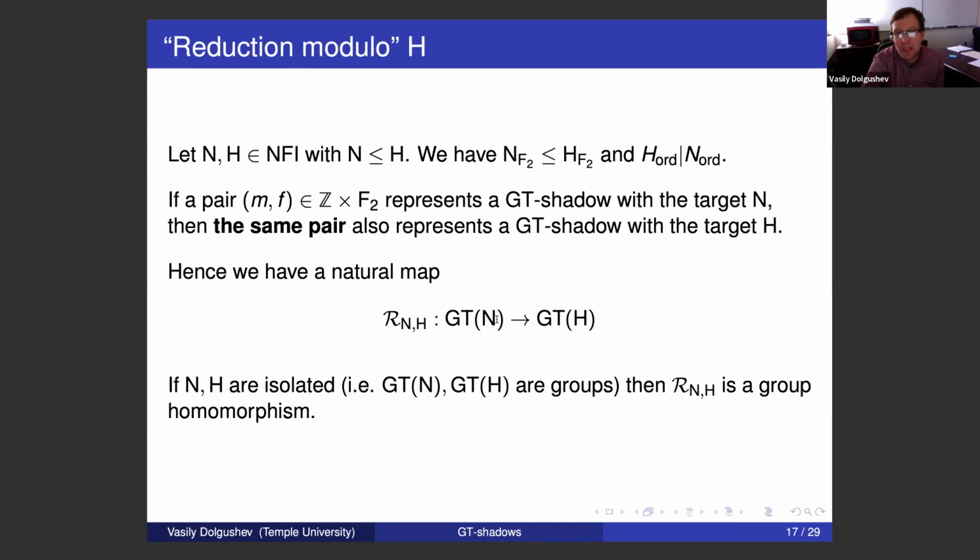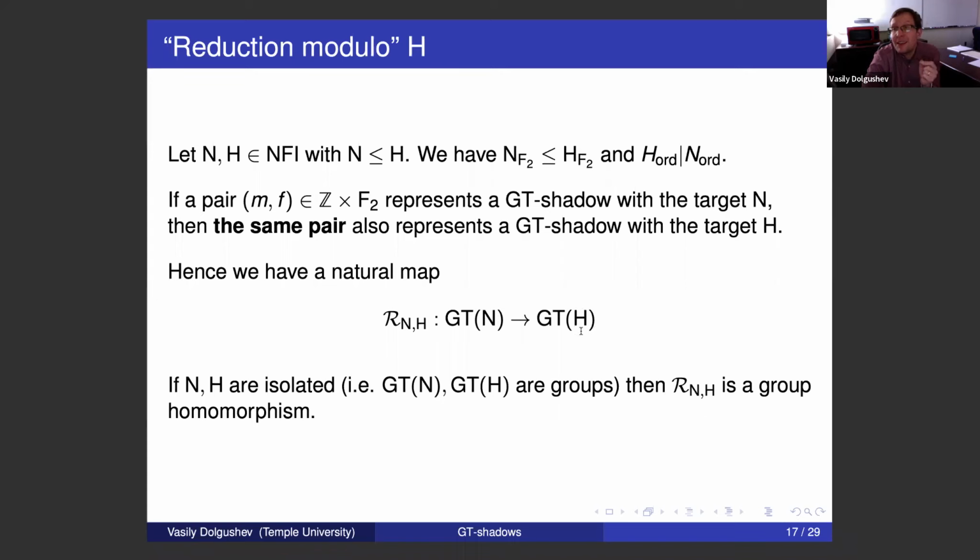So you see, the problem is that GTN is a set of morphisms whose target is n. So they may have different sources, same target but different sources. I mean, something can be formulated, but it can be tricky because n may be isolated, and H may not be isolated. So it's possible that if you have a GT shadow with the target n, then the source is also n.